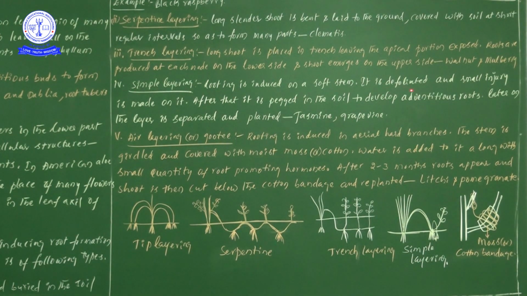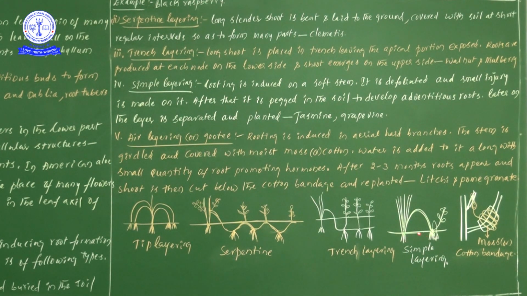De means removal, so we are removing leaves. And a small injury, we deliberately make a small injury on that soft stem, and then we keep it in the soil.